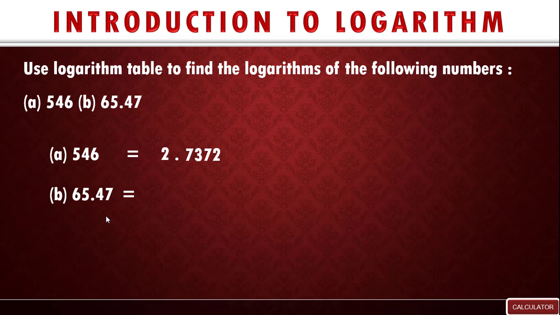But before we do that, we need to determine the characteristic. Count the number of digits before the decimal, 1, 2, and then subtract 1 from it. 2 minus 1 gives 1. So our characteristic there is 1. Let's go into our log table to determine our logarithm of 65 under 4 difference 7.